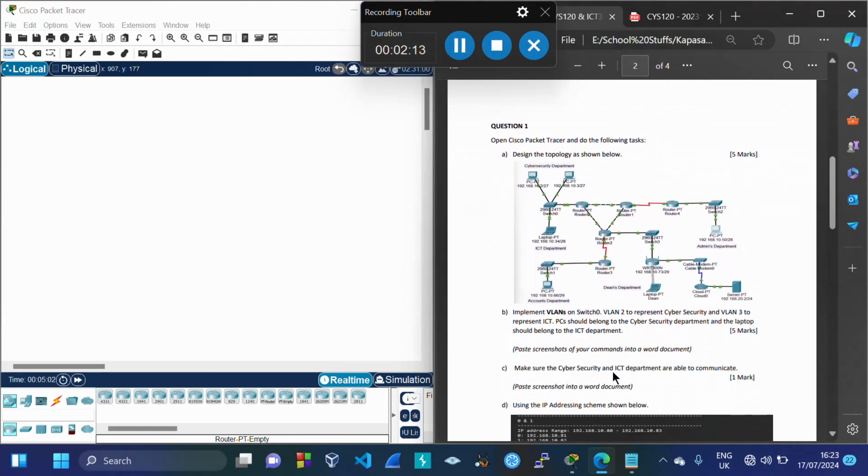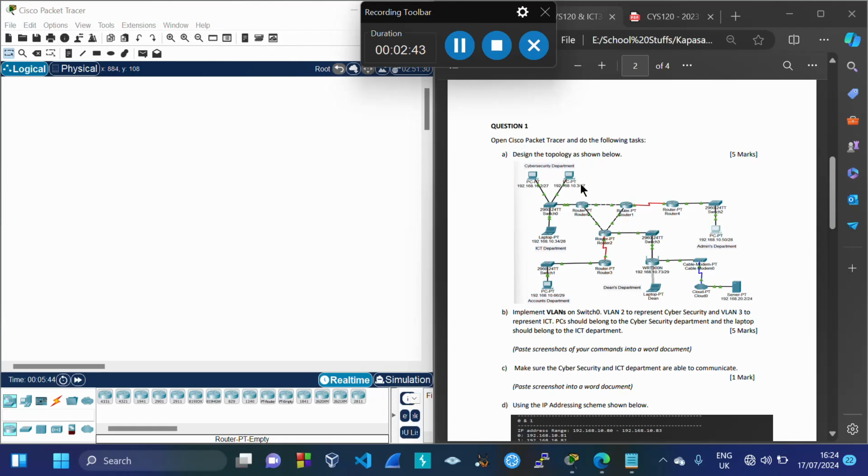So we can start. Question 1: Open Cisco Packet Tracer and do the following tasks. As you can see, our Cisco Packet Tracer is already up. A, design the topology as shown below. A topology is just how devices are placed, either physically or logically.